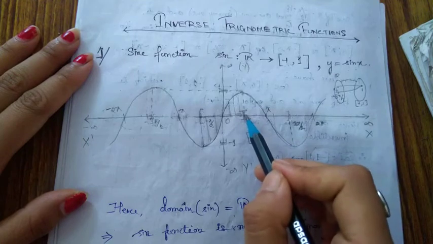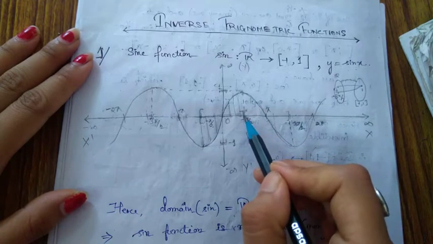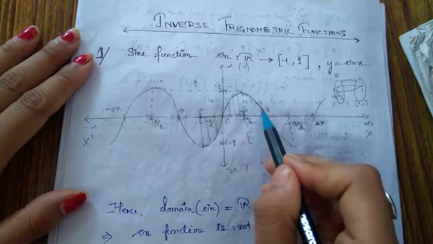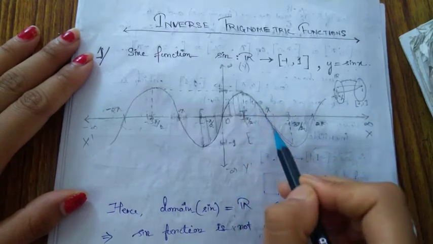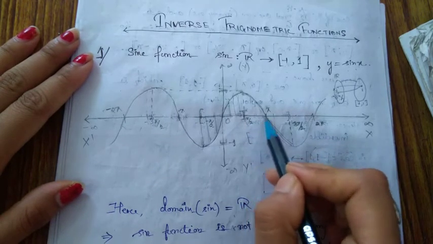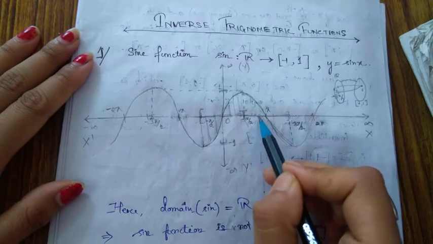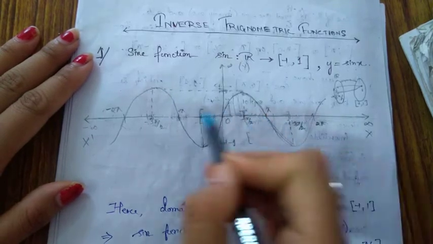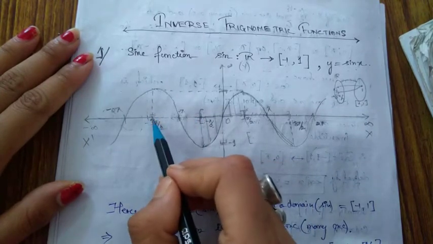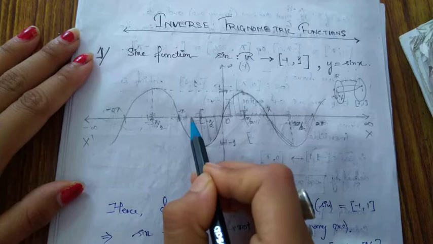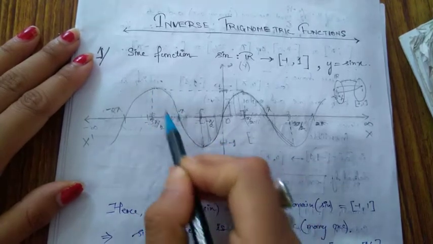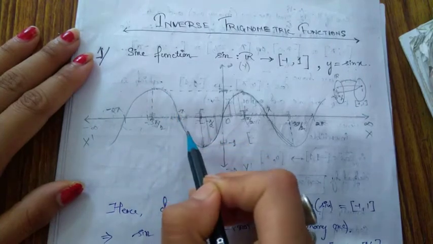For every value of x between +π/2 to +3π/2, our corresponding y also has distinct images. For this interval also we are getting distinct images. Similarly in the negative x axis, from -π/2 to -3π/2, for every element in this x we will have distinct images.